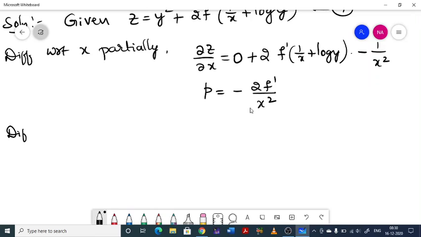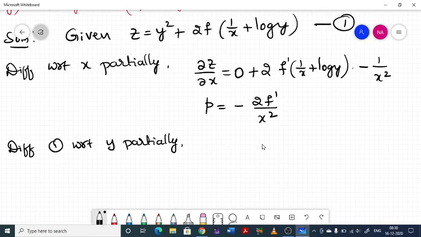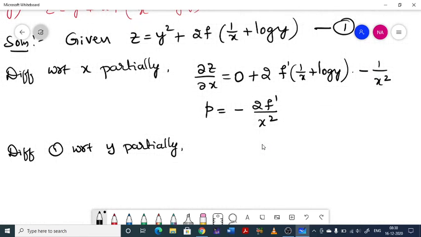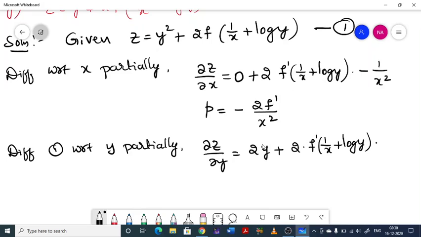Differentiating 1 with respect to y partially, I'll get dou z by dou y equal to 2y plus 2 into the derivative of f, that is f dash of 1 by x plus log y, into the derivative of the inner function.